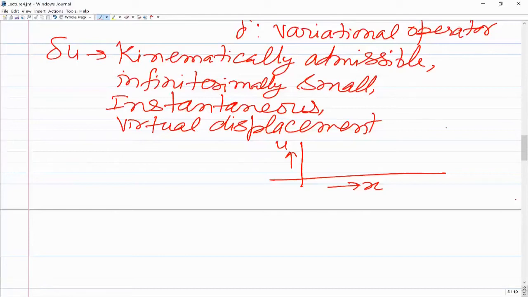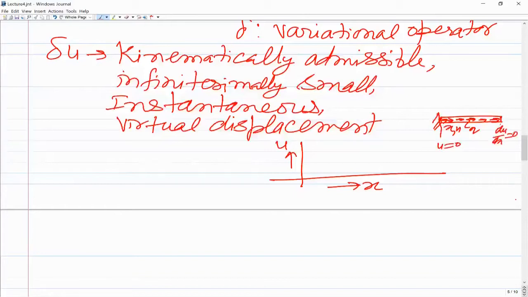I am drawing this graph for this case, although I started with a general problem. This is the rod, this load is q, the origin is x here, and in this direction is u. We know at this location that u is 0, and at this location that du by dx equal to 0.